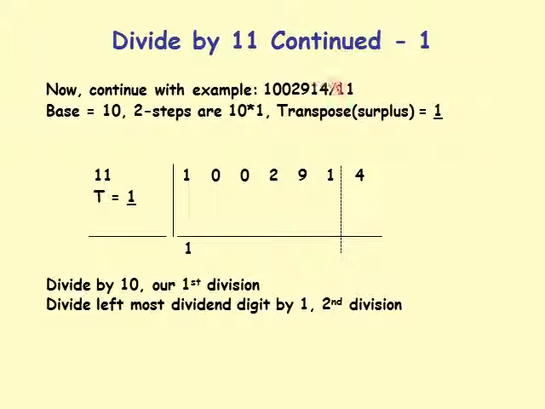We are dividing by 11, not by 10, so we have to make an adjustment. The adjustment is the quotient digit here, 1, times the digit in the transpose. 1 times minus 1 is minus 1, and that's my adjustment for the next dividend digit.